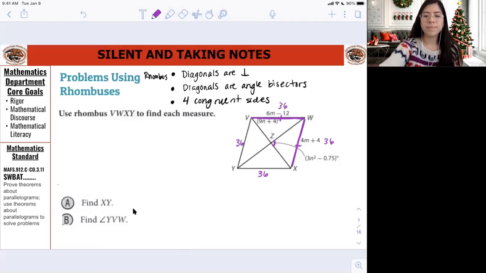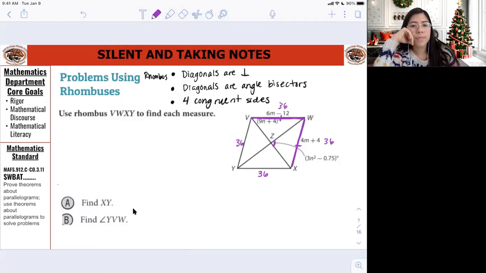Add what? Jalen, 36 does not refer to an angle measurement. 36 refers to a side length. Those are not the same. Yes, I am trying to find an angle.